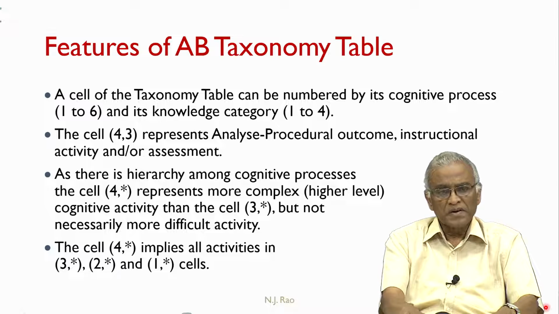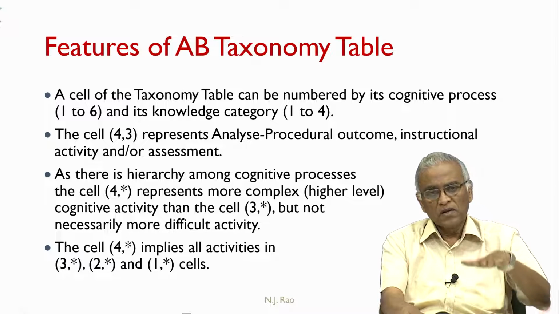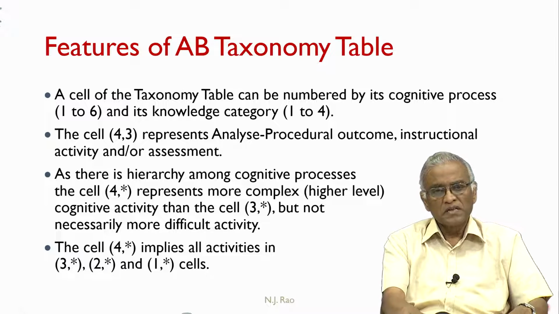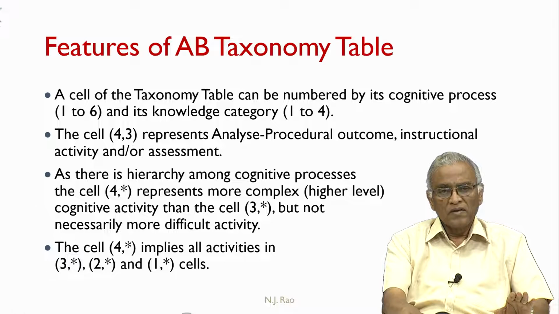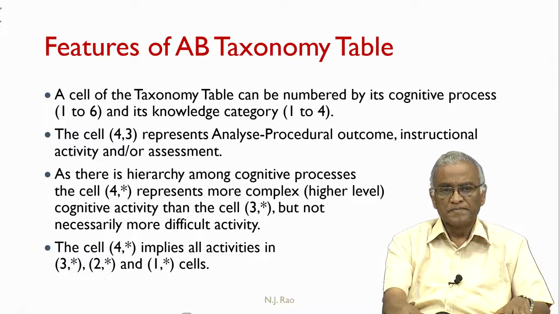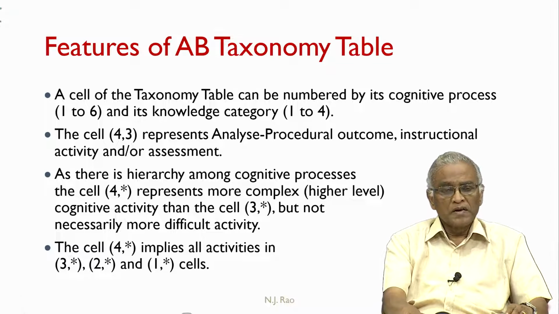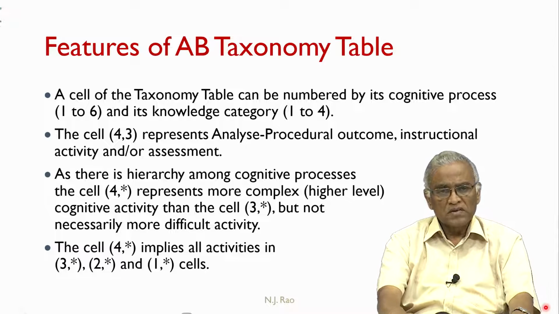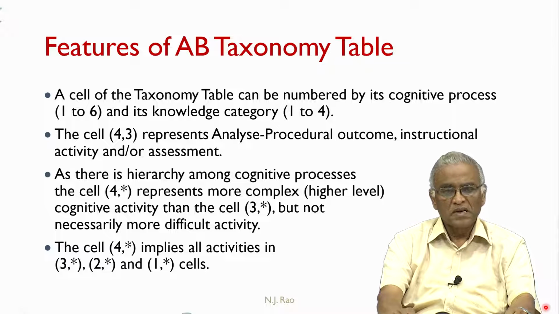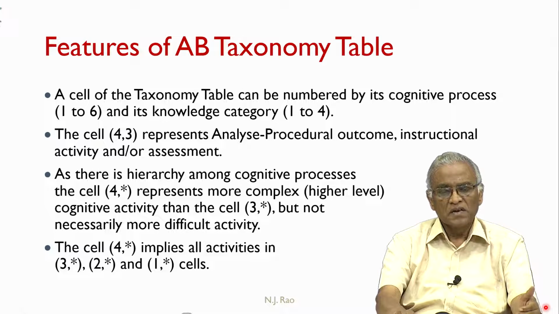Complexity is incorporated as you keep going down the rows, that means you are making the level of complexity higher and higher. And one can also, in one sense, look at this complexity: if the bottom rows are not populated at all at any level, then that means we are constraining the quality of learning of the students. Okay.